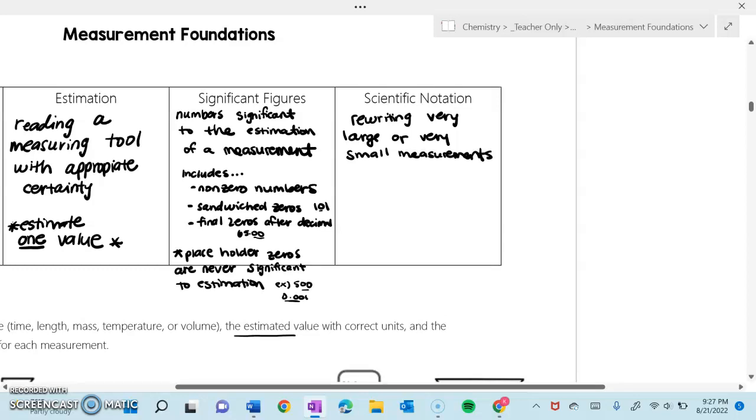And we're going to do that as numbers between 1 and 10, so that we're cutting out all of our placeholder zeros, multiplied by 10 to an appropriate exponent.